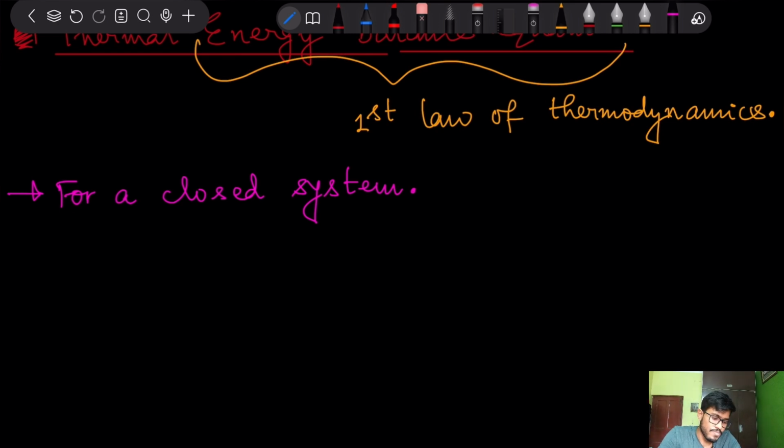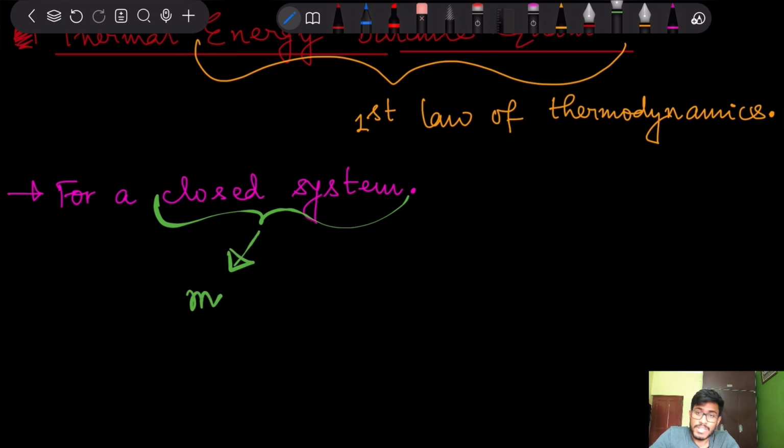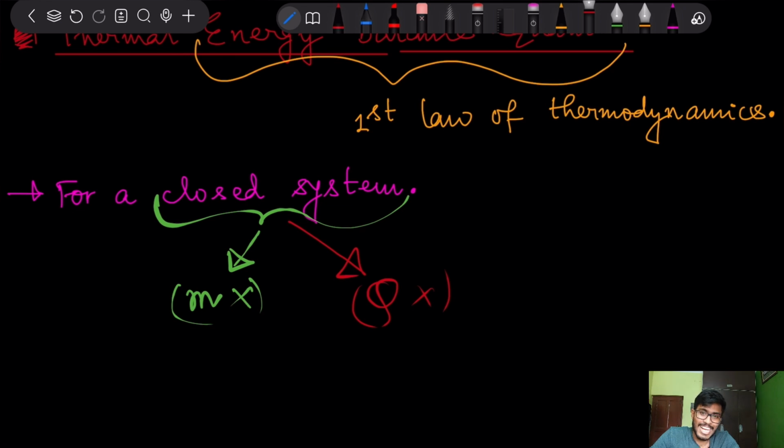Just for the sake of completeness, closed system means what? Is mass permitted or not? Mass is not permitted, right? And is heat permitted or not? Heat is also not permitted, right? Is that correct? No, heat is actually permitted.